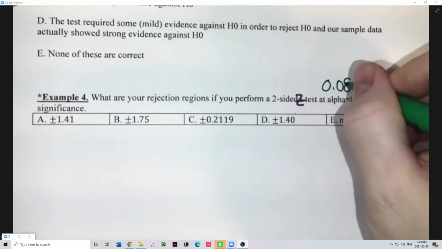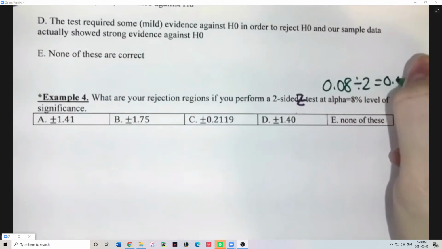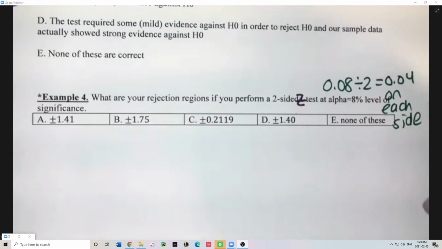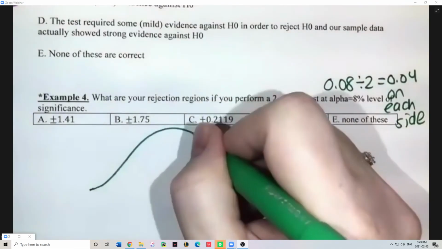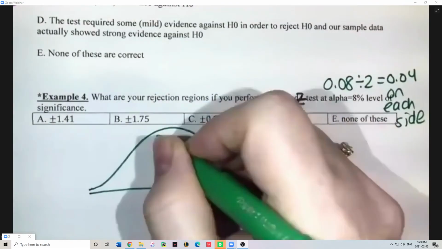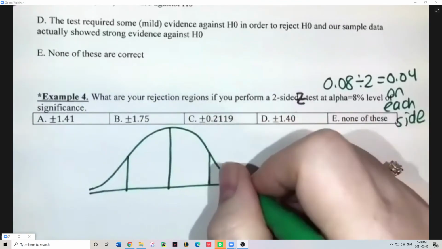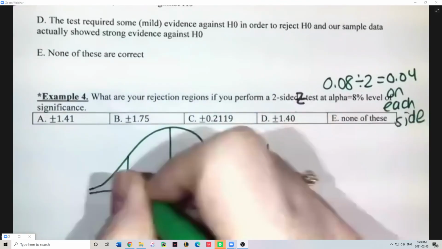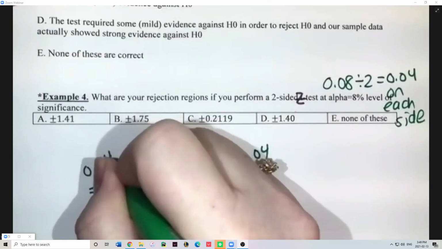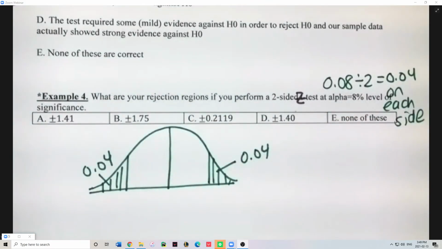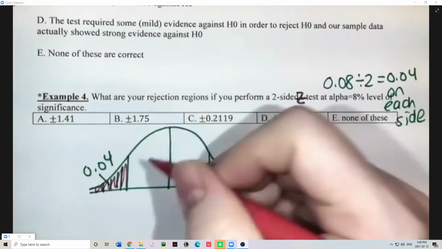So 0.08 divided by 2 is 0.04 on each side. So we need to look this up. These are what we call our rejection regions.